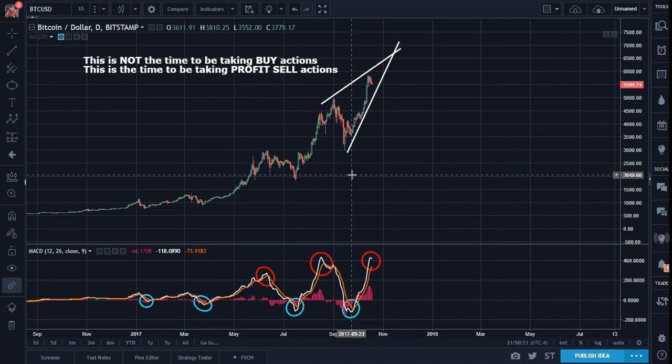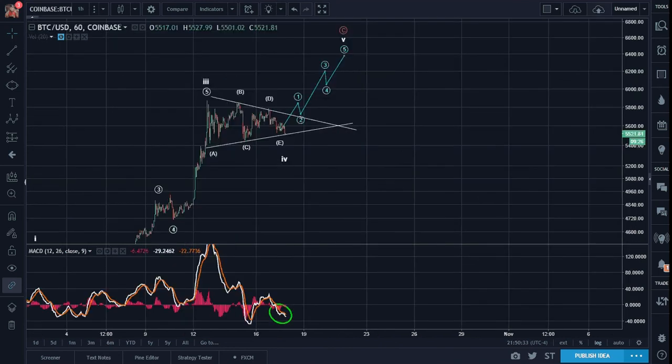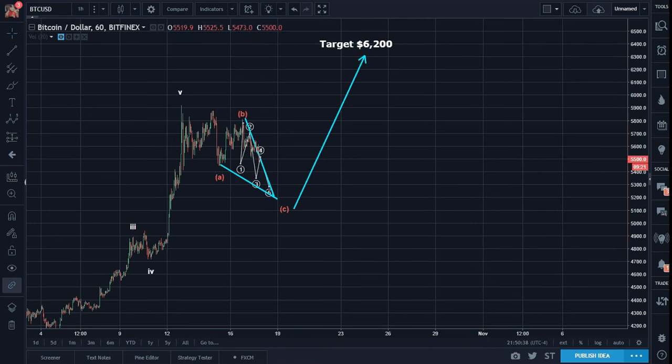Okay, so we'll see how this triangle ABCDE plays out. Maybe we'll see the secondary pattern with C, ABC, and the C will be a diagonal ending triangle.